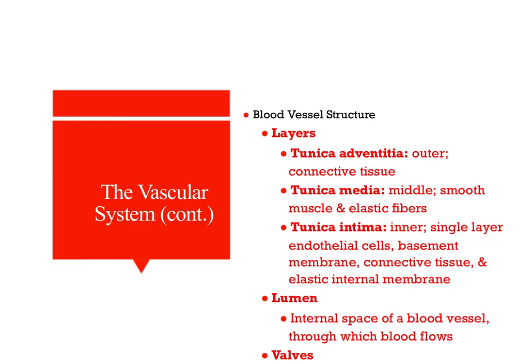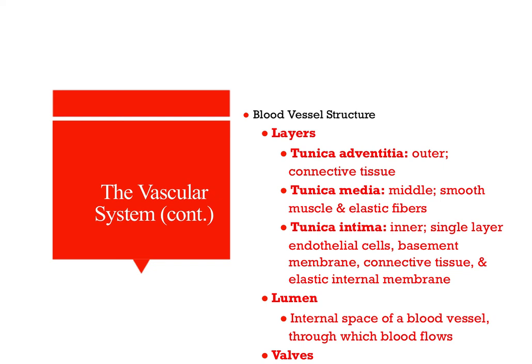All right. There are different layers to the blood vessel structure, and you can see that in detail on the previous slide. All you need to know is the definitions, okay? You need to know that the tunica adventitia is the outer connective tissue. The tunica media is the middle smooth muscle layer with elastic fibers.